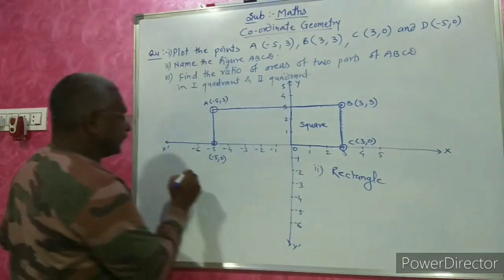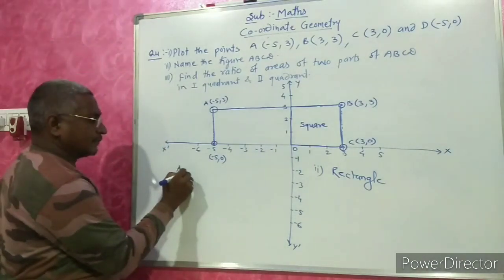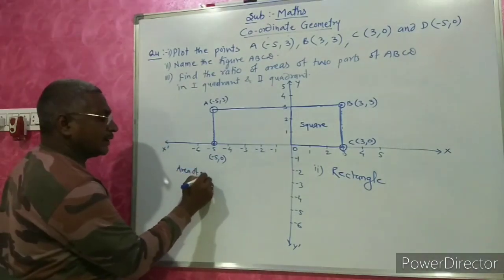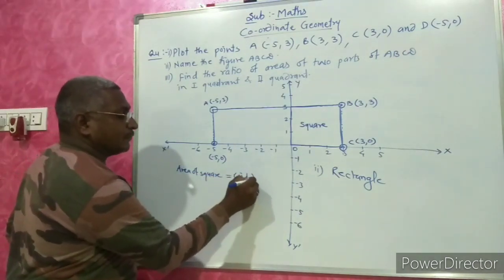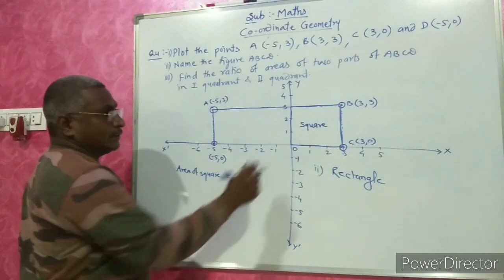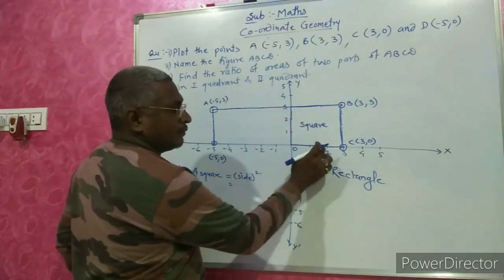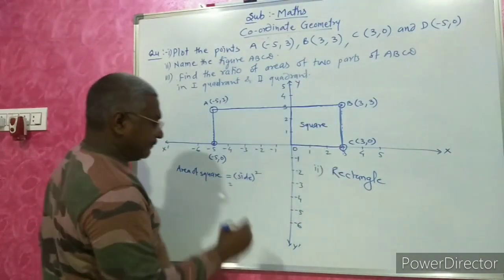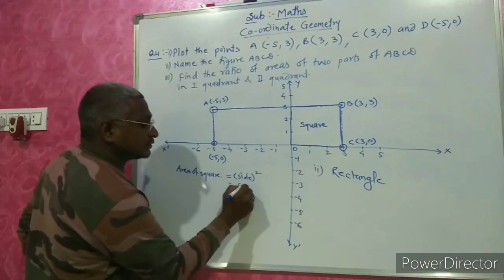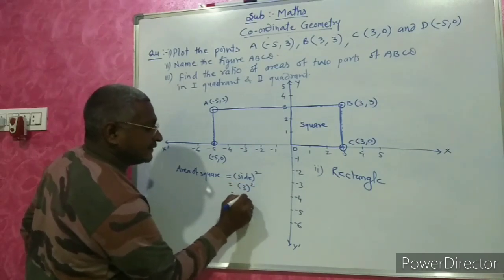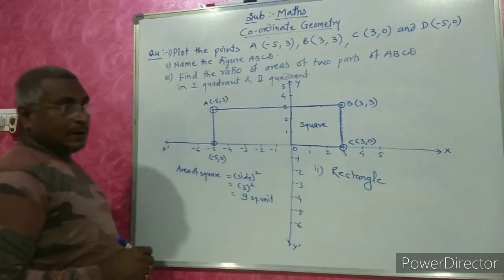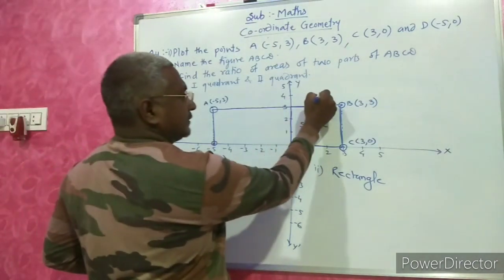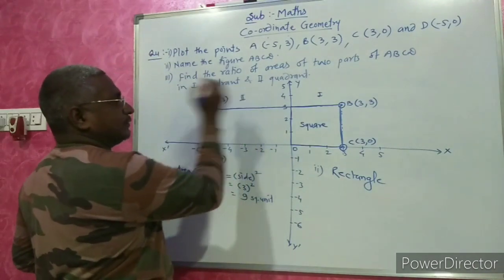Area of square is side squared. The side is 3, so 3 squared gives 9 square units.